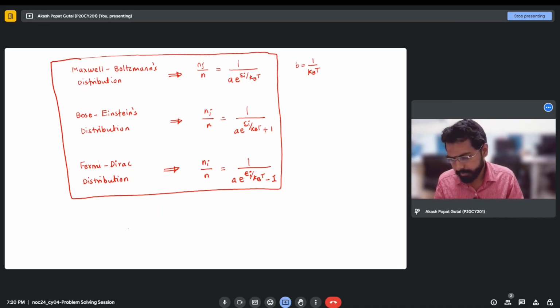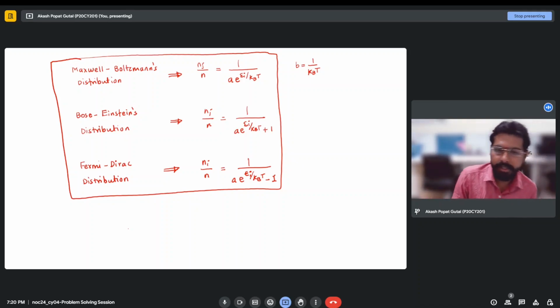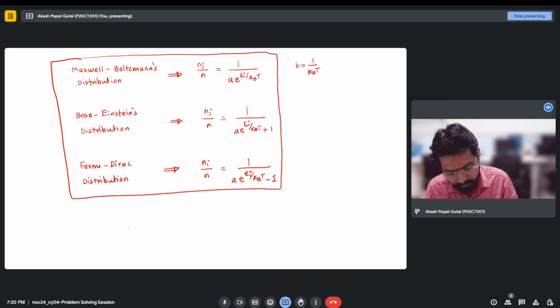Then we introduced what is the value of A. We found out the value of A here. So A turned out to be the thing called 1 by partition function.